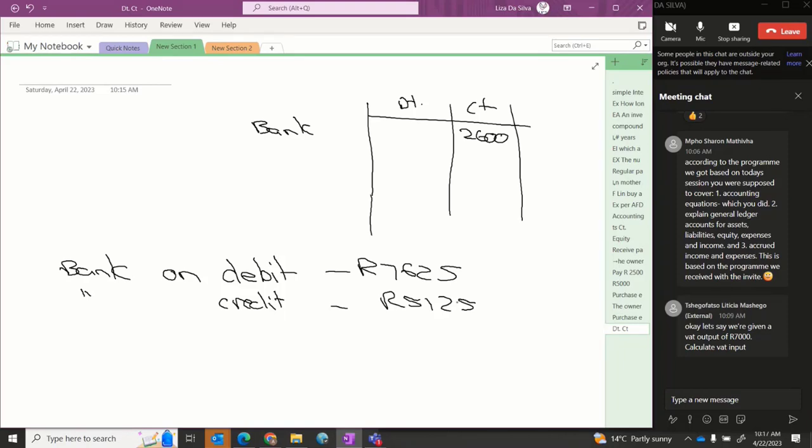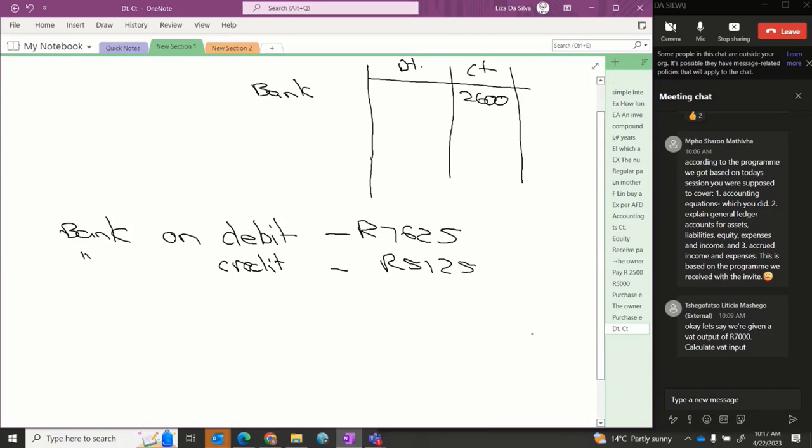Okay, and they give you the initial balance from the trial balance as that credit balance. So once again, for me, that's the easiest to do. You can do it any other way if you want to.